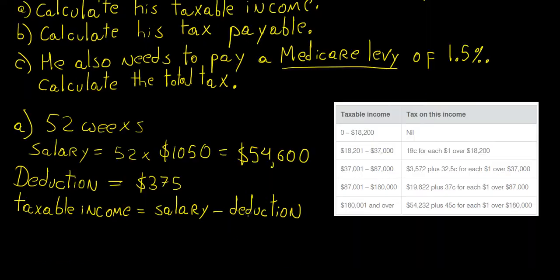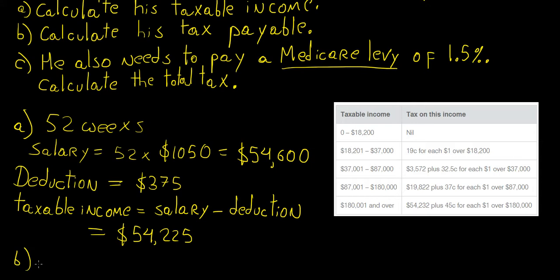So essentially this does not count as part of your taxable income. So in this case, we're going to subtract this from that. So 54,600 minus 375. And that's going to come down to $54,225. So this is what the tax is going to apply to.